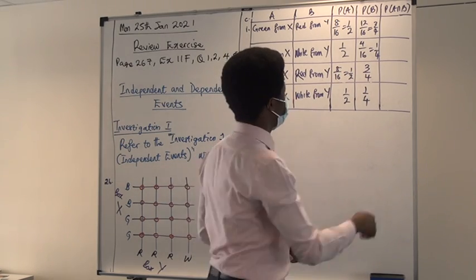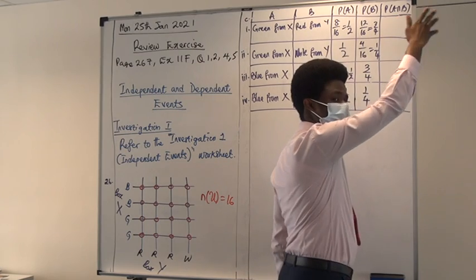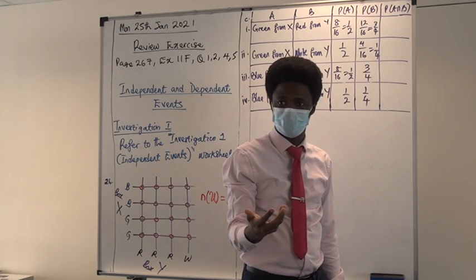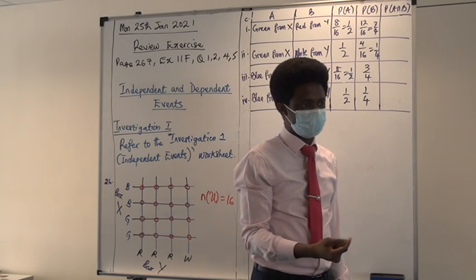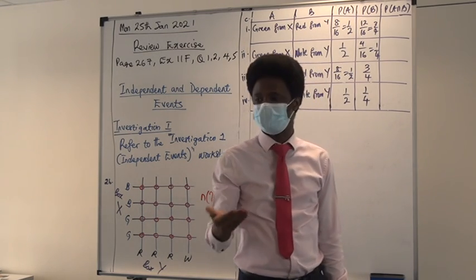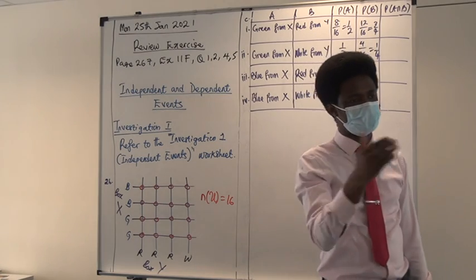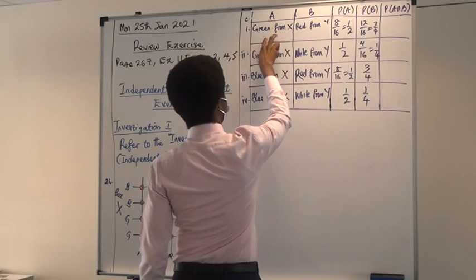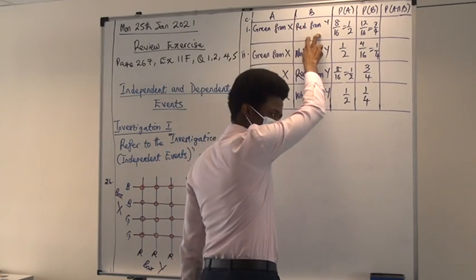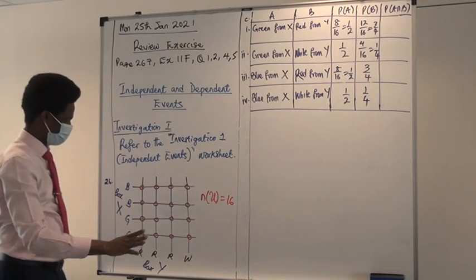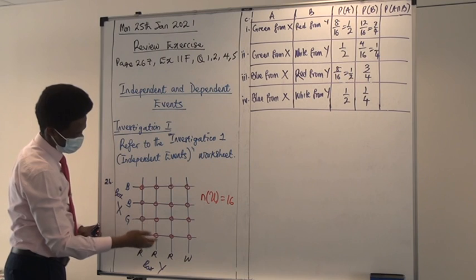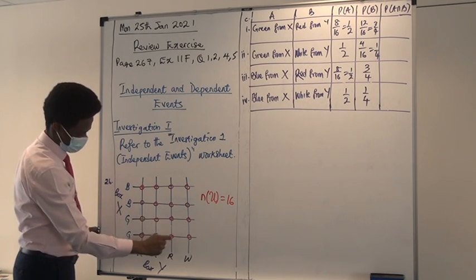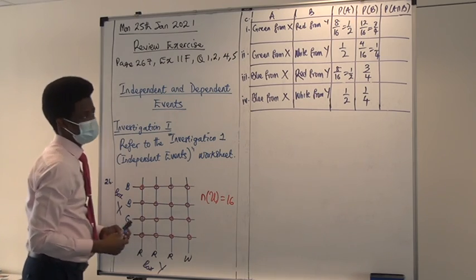The last one: we've mentioned what intersection means under combined event. When you say combined event, A intersection B is used to represent the event that A and B occur. So A and B occur in this case means there's a green from X and a red from Y at the same time. You go to your green from X, you go to your red from Y, and you look at their point of intersection, and they intersect in 6 places out of 16.